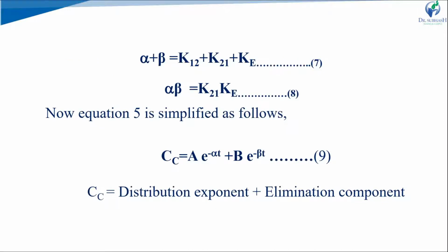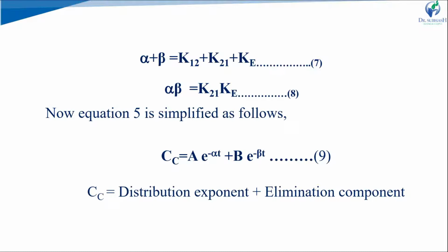Now the mathematical relation between the hybrid and micro constants. The hybrid constants are alpha and beta, and the micro constants, for reversible transport of drug between compartments, are K12 and K21. Their correlations: alpha + beta = K12 + K21 + Ke, and alpha × beta = K21 × Ke.